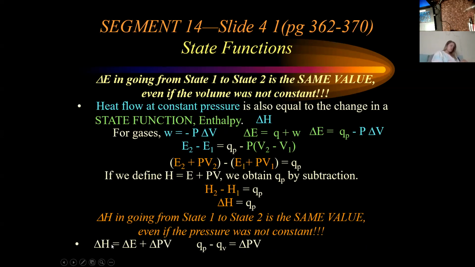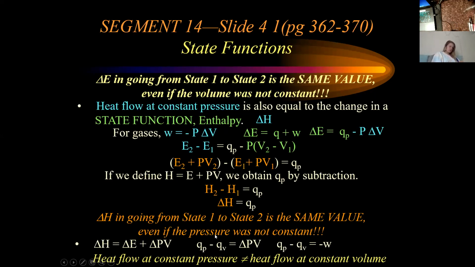And I can then substitute in Q at constant pressure for delta H and Q at constant volume for delta E. If I subtract them this way, I get delta PV, which would be P delta V. And so this is the relationship between the heat flow at constant pressure, the heat flow at constant volume, and the work that's done. So that's going back to our Q plus W, the way we defined it way back in the beginning.